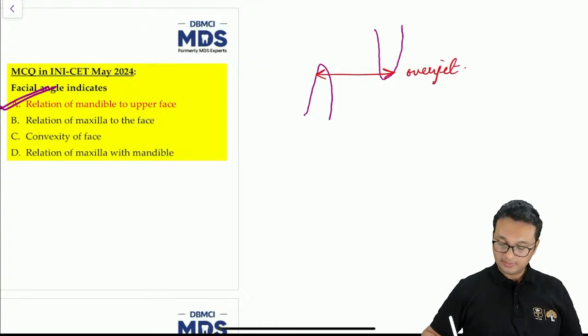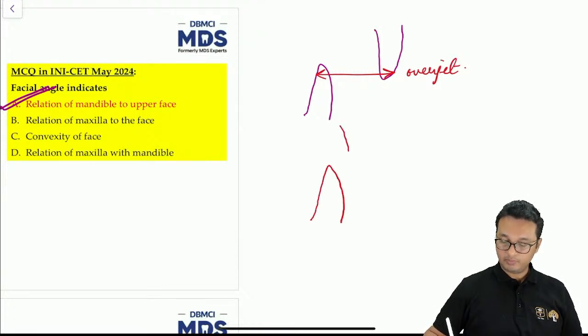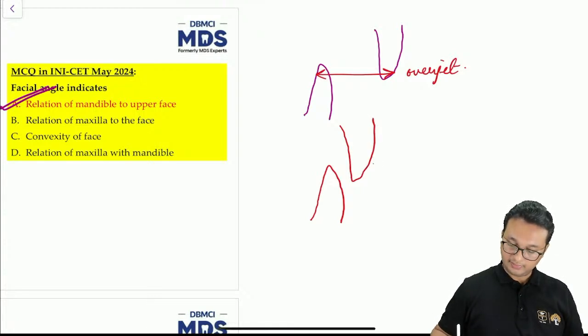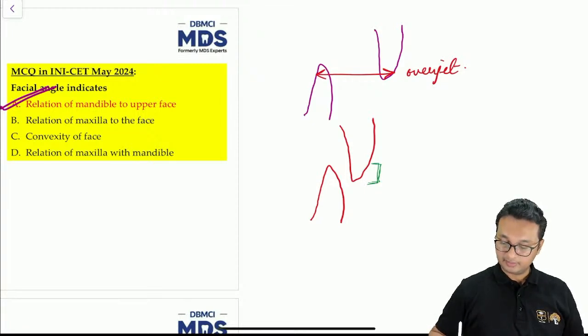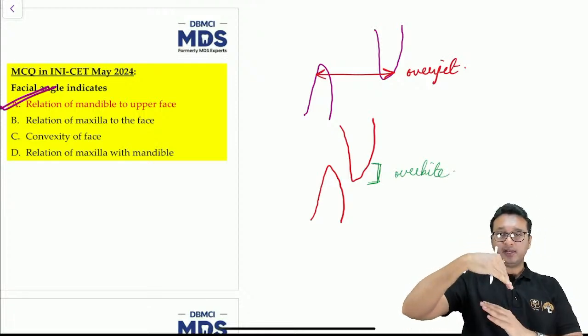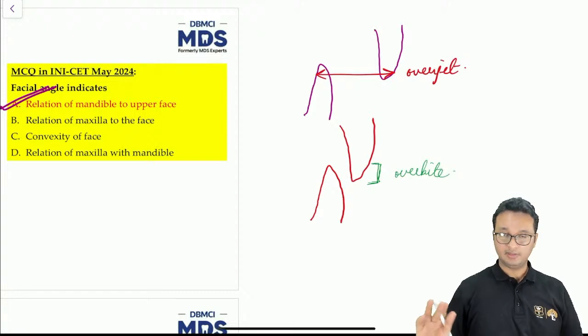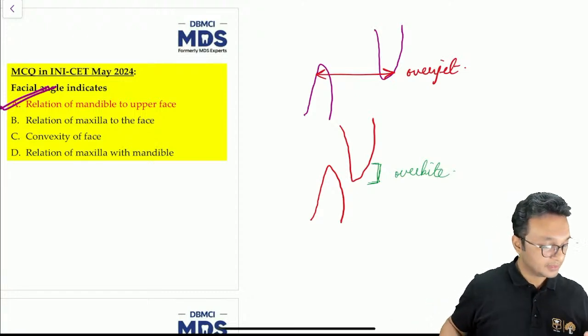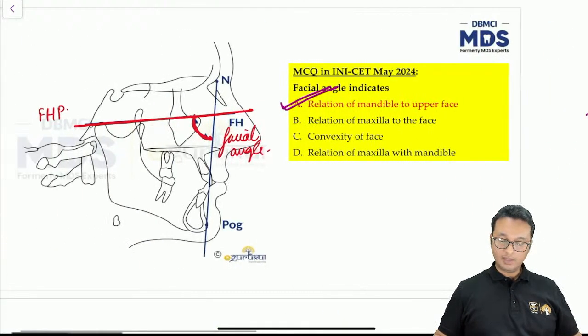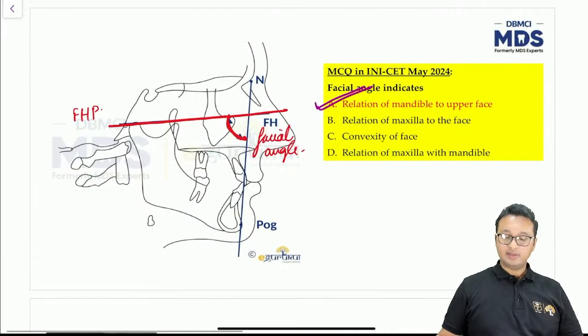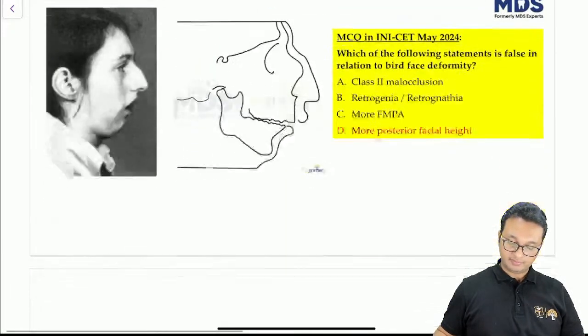Whereas overbite is the vertical overlap between the two incisors. So this much is the vertical overlap between the two incisors. That is called overbite. That's in the vertical plane of space, and overjet is in the horizontal or anteroposterior plane of space. That's the primary difference between them. Okay. So facial angle indicates relationship of mandible to the upper face.